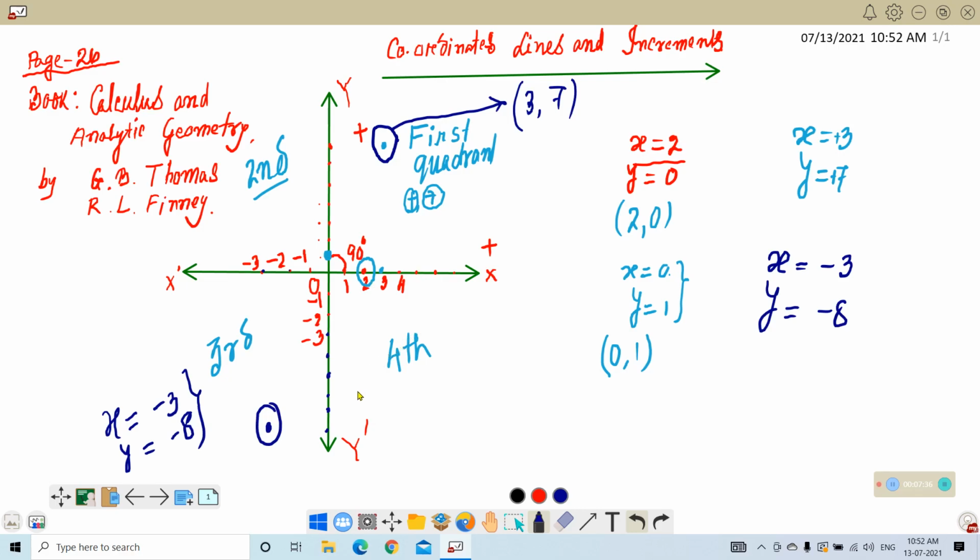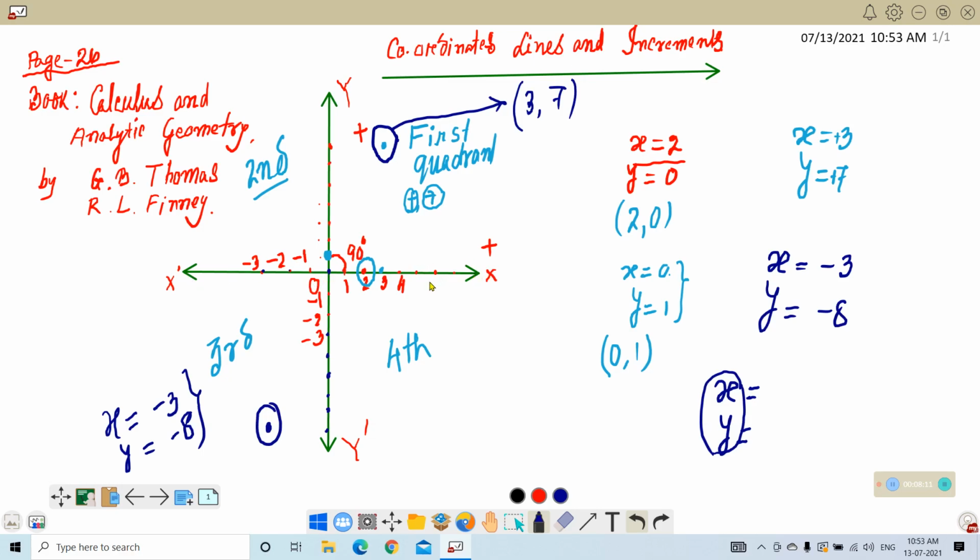So all the points in this plane may be defined with a set of two coordinates, x is equal to something and y is equal to something, and this is sufficient to denote the coordinate of any point. The coordinate of the origin O, this point: origin means the point of intersection of two axes.